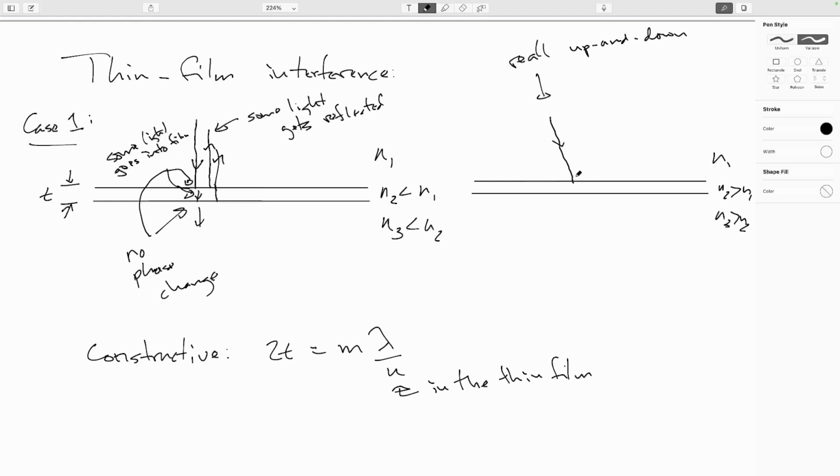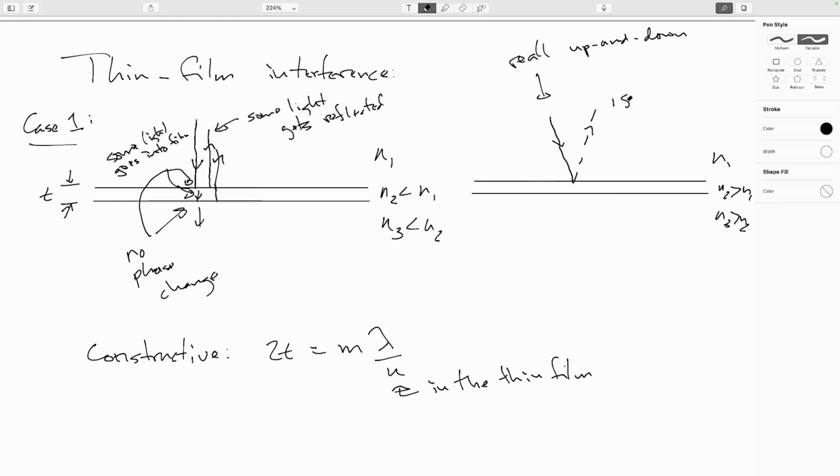So now here, when the light gets to this surface, some of it is going to pass through and some of it is going to get reflected. Now, the stuff that gets reflected, because it's reflecting off of a higher index where the speed of light is lower, is going to have a 180-degree phase change.